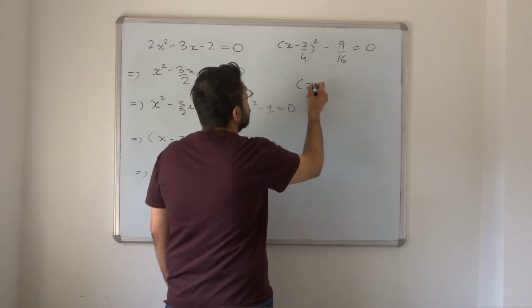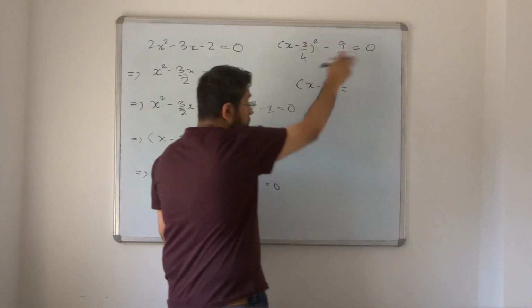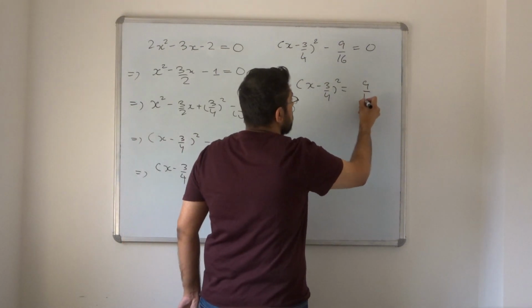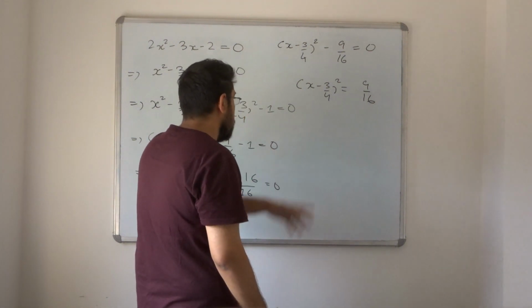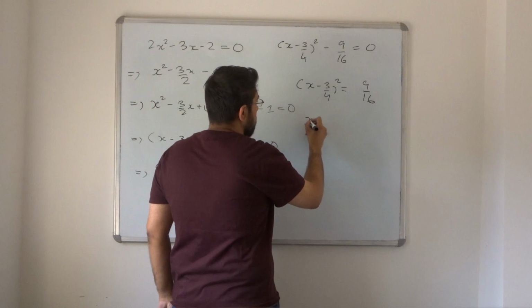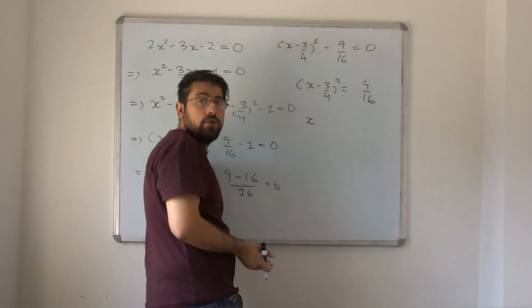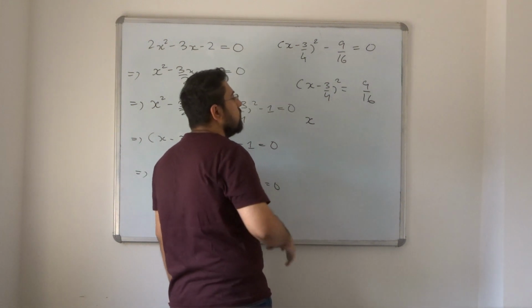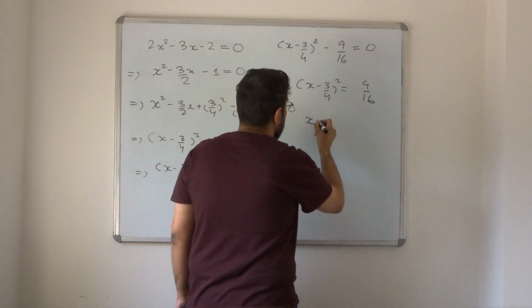Okay, so now, guys, basically now you take 3 upon 4 squared. Okay, so now you take it on the other side. So you get 9 by 16. Okay, so now let's do this pretty fast. So now basically, guys, you have to cancel out the square. So you take the square root on the other side.